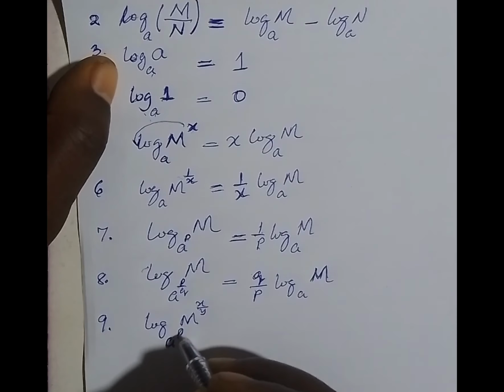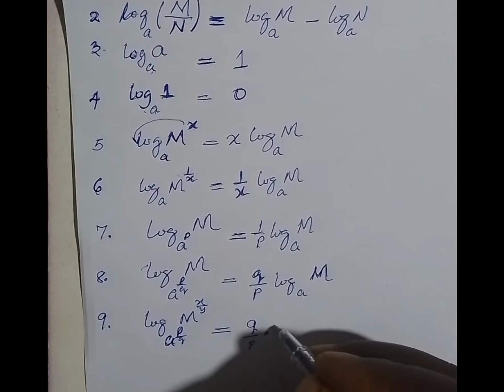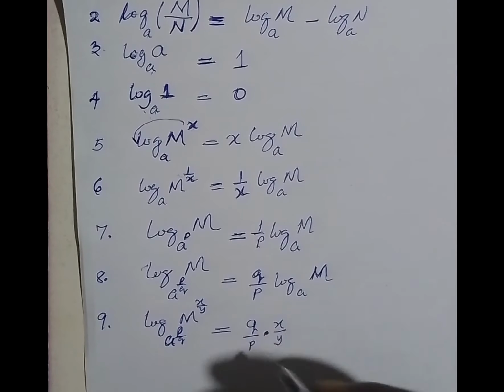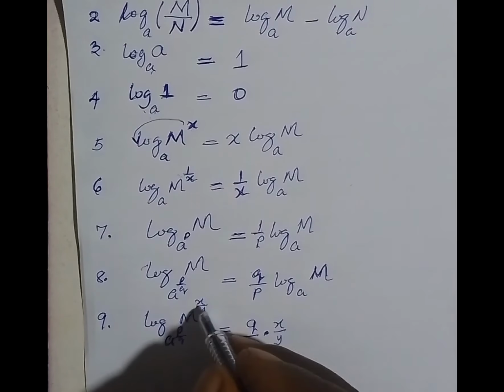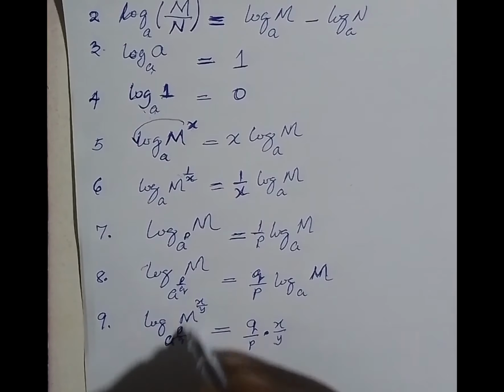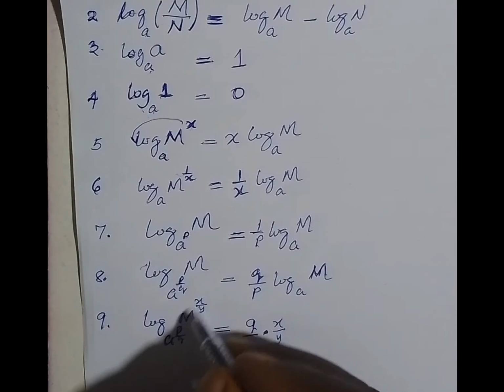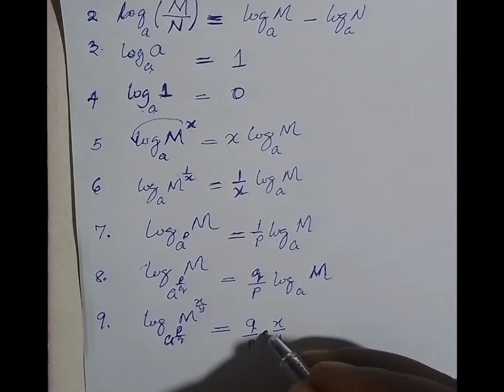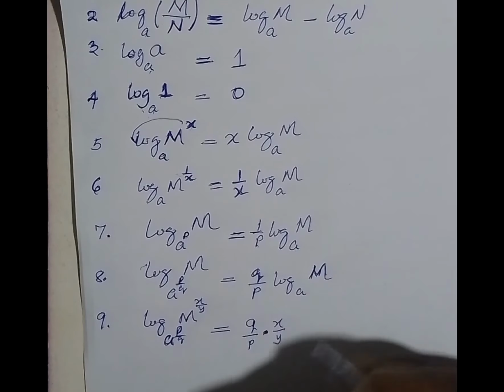So you have q over p multiplied by the power of m, x over y. So the product of the reciprocal of the base's power and the power of the number m will now become the coefficient.